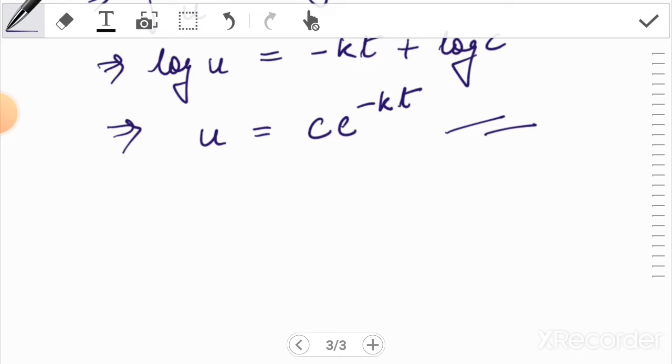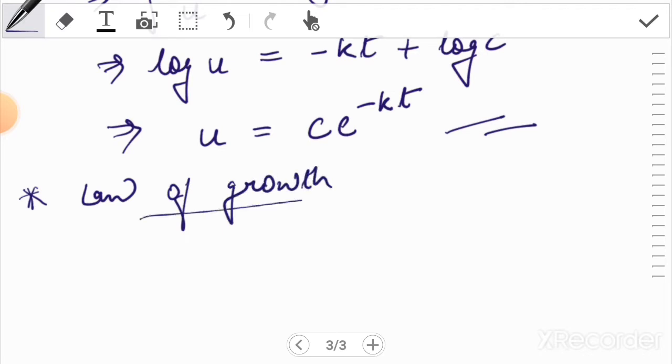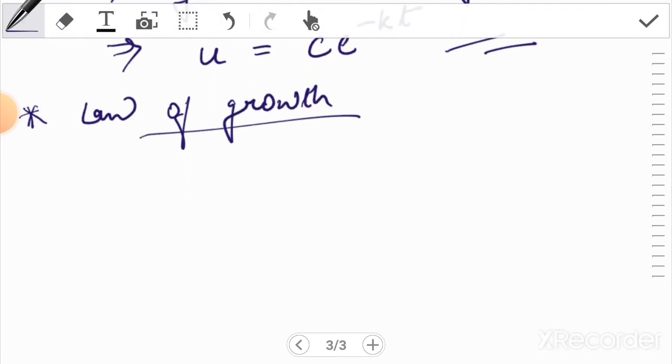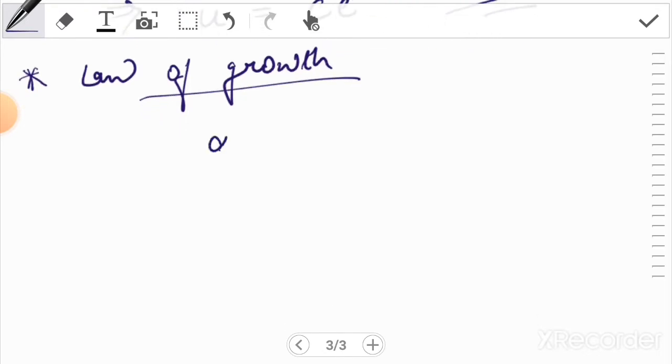Again, we have the law of growth. The rate of change of the amount of a substance with respect to time is directly proportional to the amount of substance present.